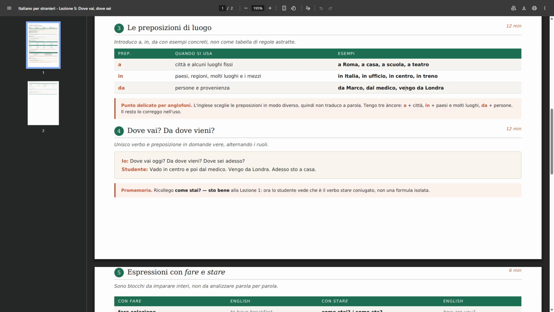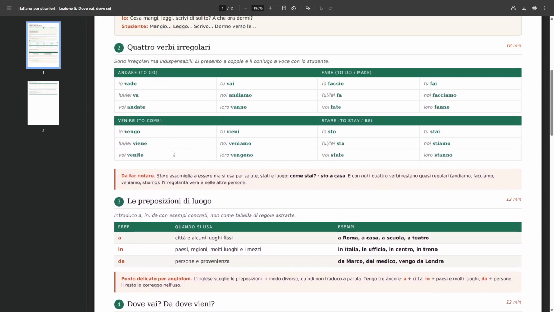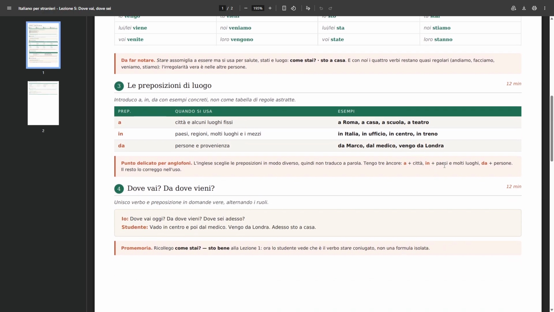Medico is doctor. It's not medicine, but it's doctor. Medicine is medicina. Then we have vengo da Londra. So I come. I don't know if you remember what vengo is. We've seen it before in the regular verbs. I come from London, da Londra. Yeah, we translate the name of certain cities in Italian.